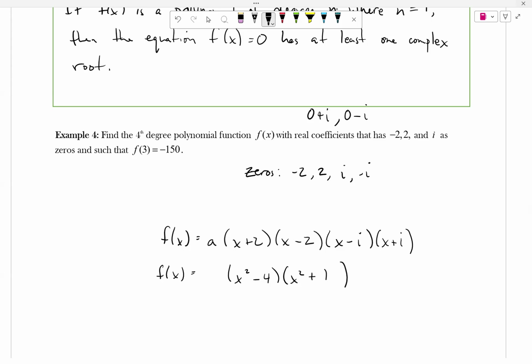I'll call it A. Now when I plug in my f of 3, I keep that A. I keep all the factors. What is this? 9 minus 4. This becomes 9 plus 1, which equals -150. Times A equals -150.